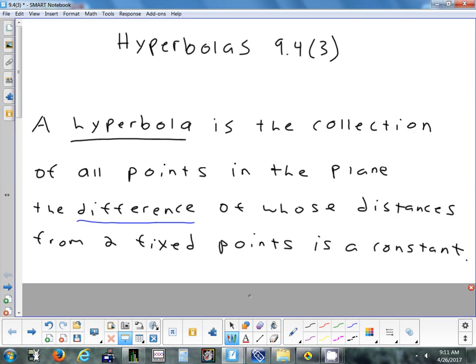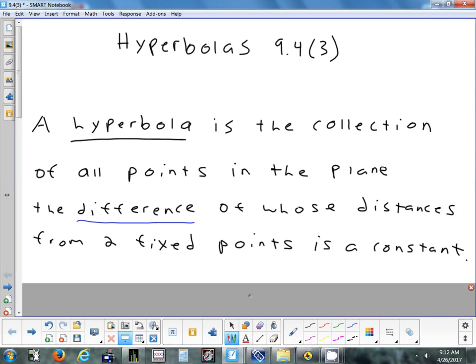So a hyperbola is a collection of points in the plane such that the difference from two fixed points is a constant. Okay, that's the only word that changes between the definition of an ellipse and a hyperbola. So the difference from two fixed points is a constant.